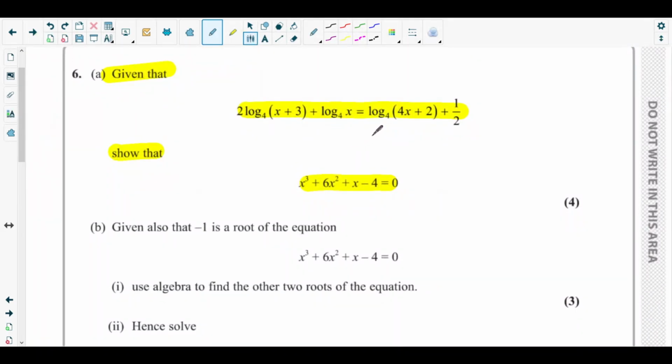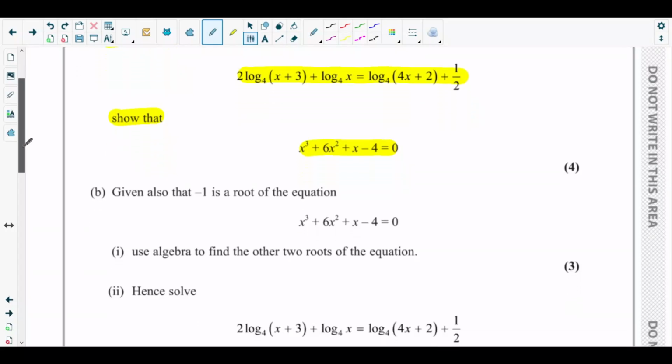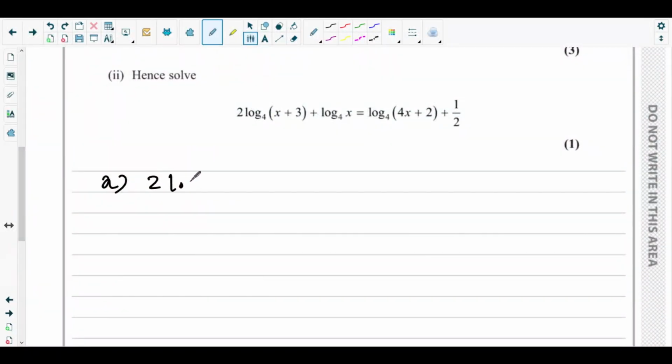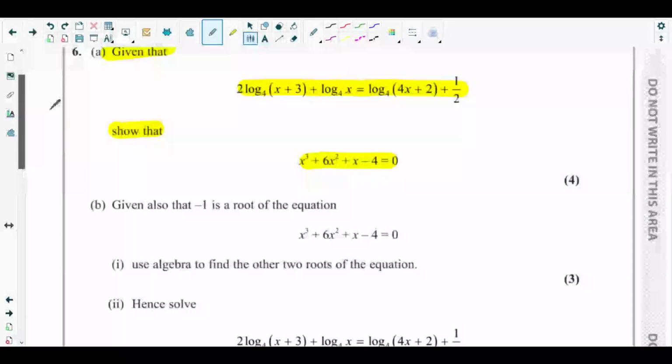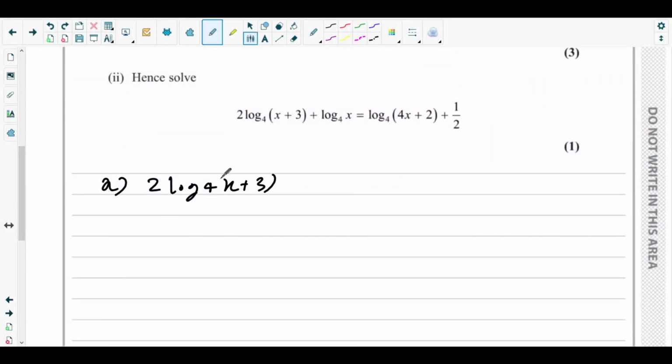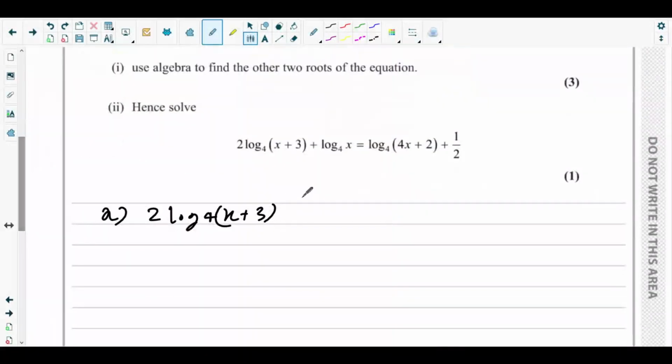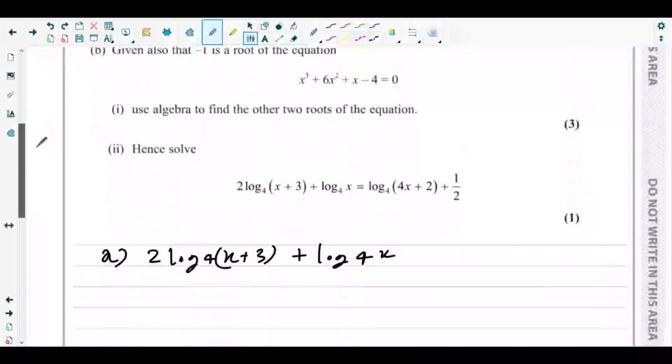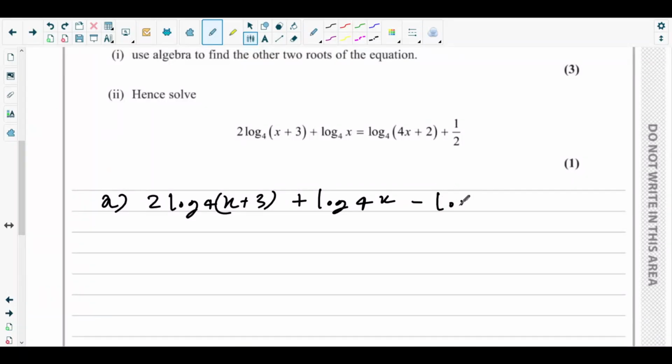We have logarithmic terms with base 4. So let's take the logarithmic terms with base 4 to the same side, so that we can take common. So log base 4 of (x plus 3), plus log base 4 of x, minus log base 4 of (4x plus 2), equals half.